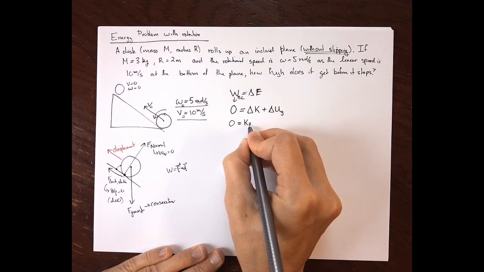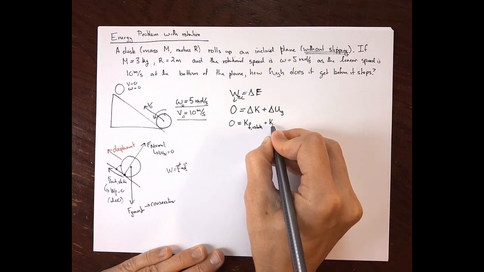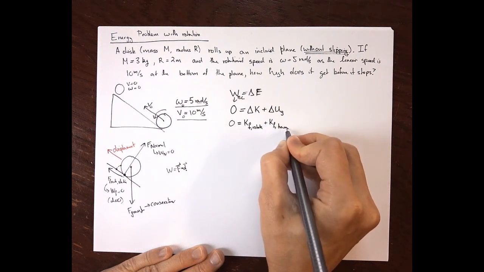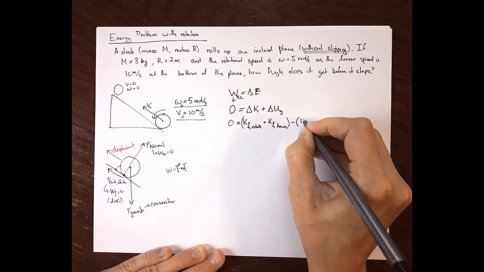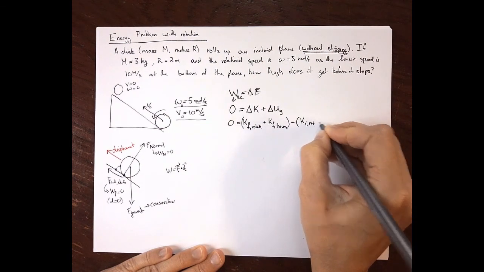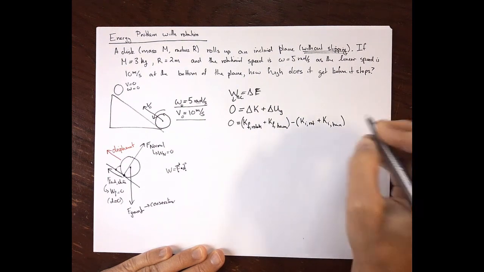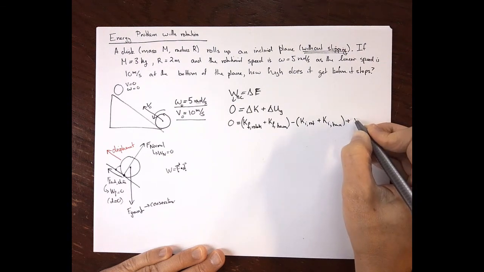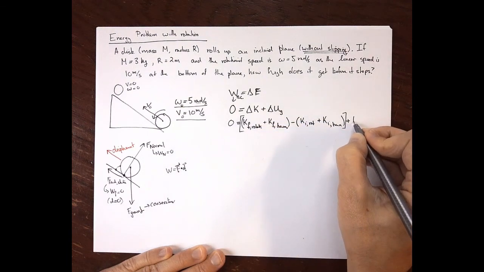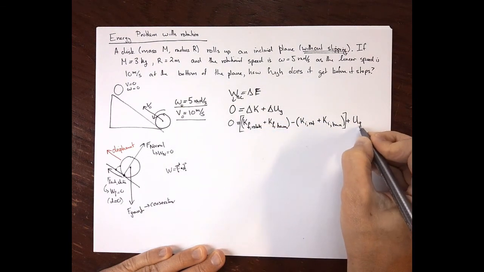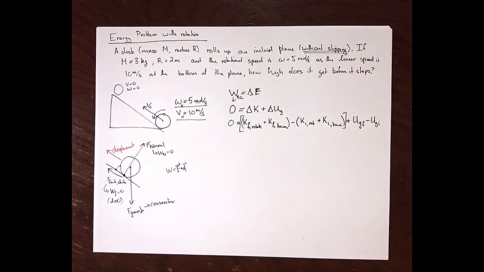So we'll have the final kinetic energy for rotation and the final kinetic energy for translation, the two different kinds of kinetic energy we've got here, and then the initial rotational kinetic energy and the initial translational kinetic energy, plus the change in the potential energy. The only potential we've got is gravity, so it's the final gravitational potential minus the initial.